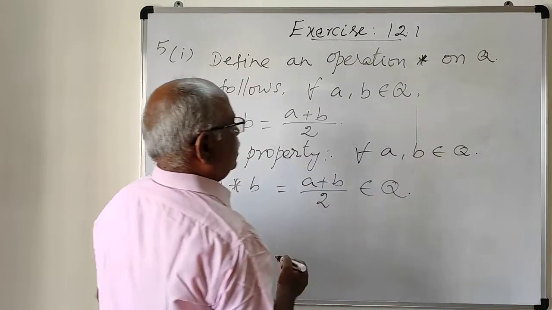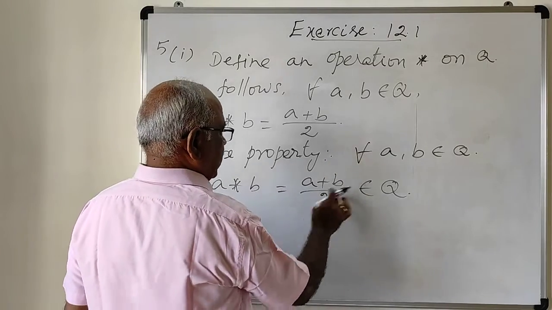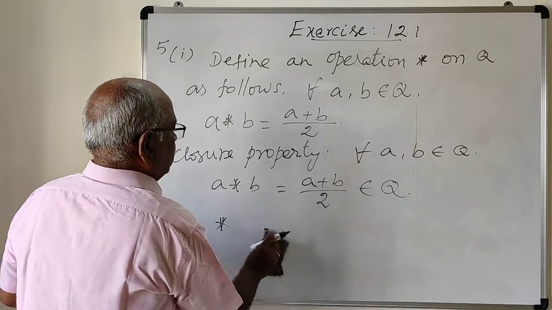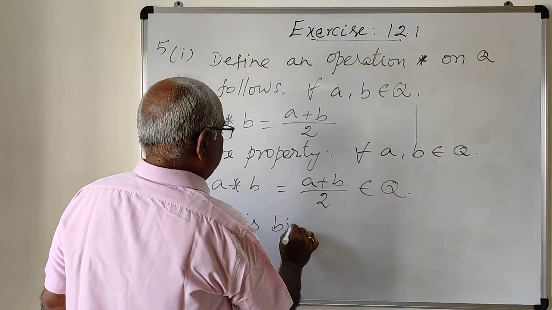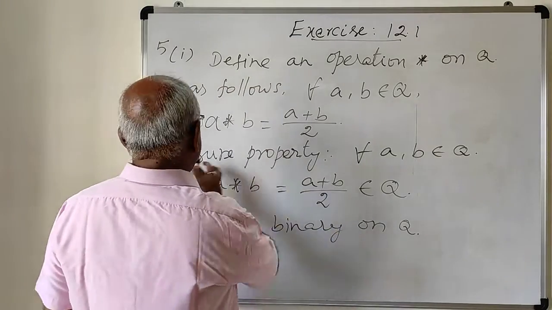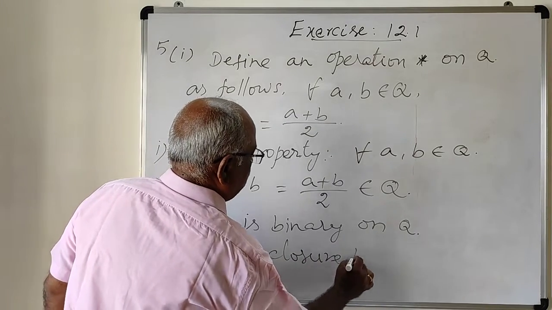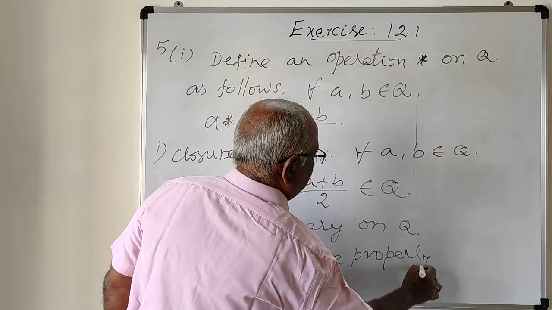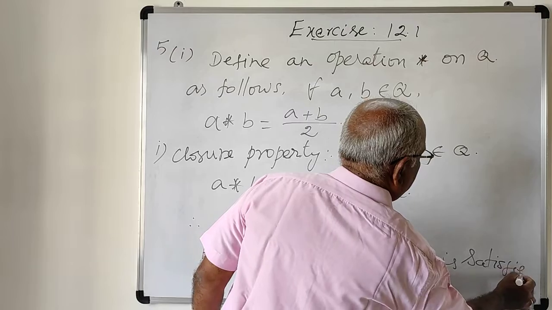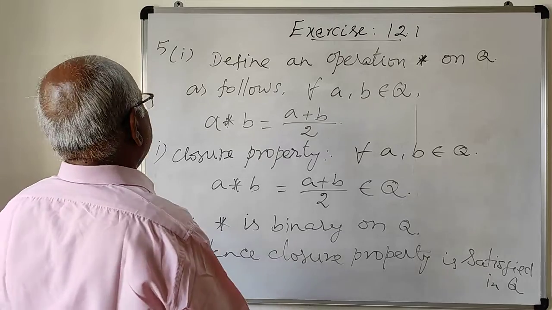It also belongs to the set Q. Therefore, star is binary on the set of rational numbers Q. Hence, the closure property is satisfied in Q.